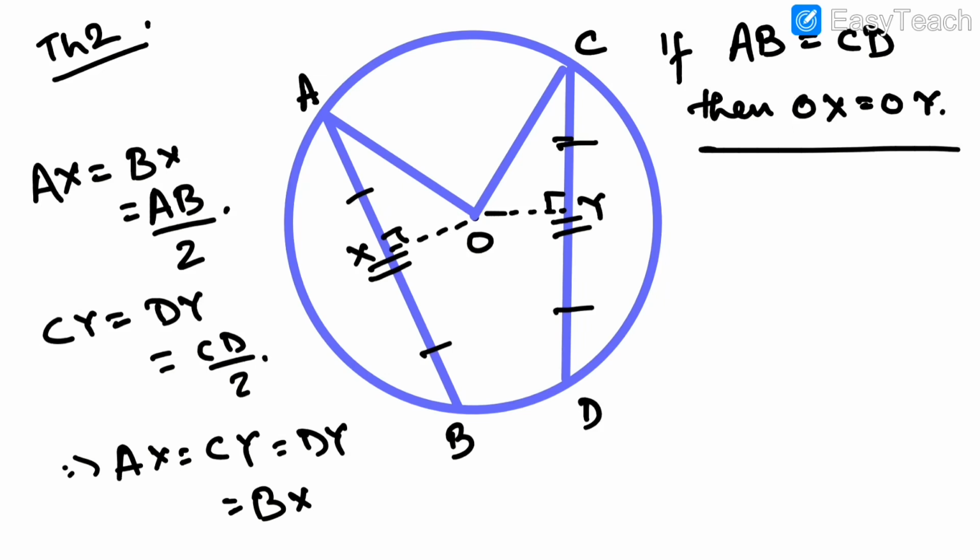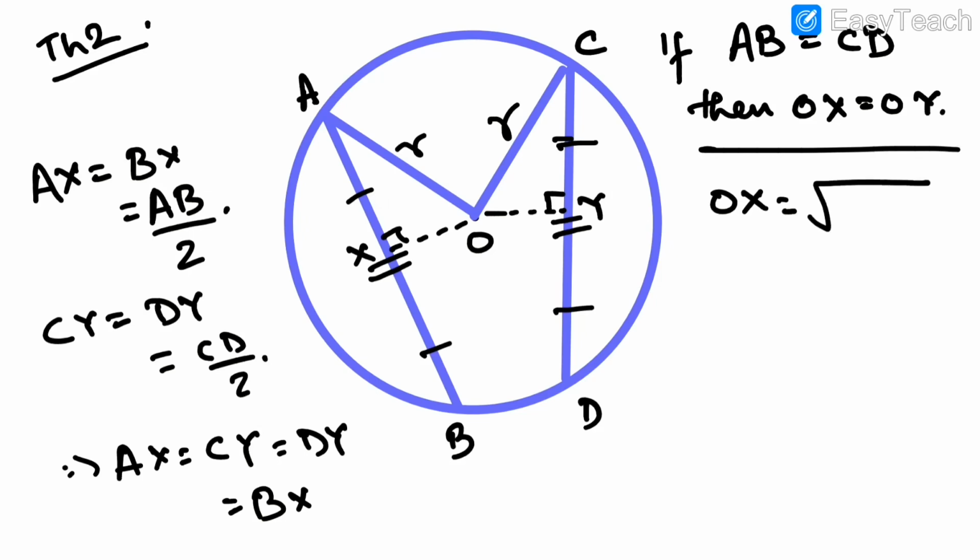So now what is OA? That is the radius of the circle, r. What is OC? That is the radius of the circle, r. So what does OX automatically become from Pythagoras theorem? I guess you have already learned it in classes 6, 7.